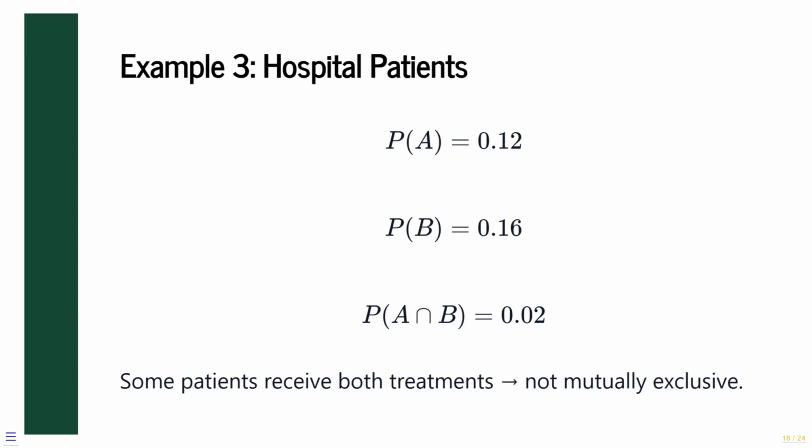And consider example 3 involving hospital patients. We are told that 12% are admitted for surgical treatment, 16% for obstetrics, and 2% receive both. Let A represent surgery and B represent obstetrics. Since some patients receive both treatments, the events are not mutually exclusive. Therefore, we must use the full addition rule.